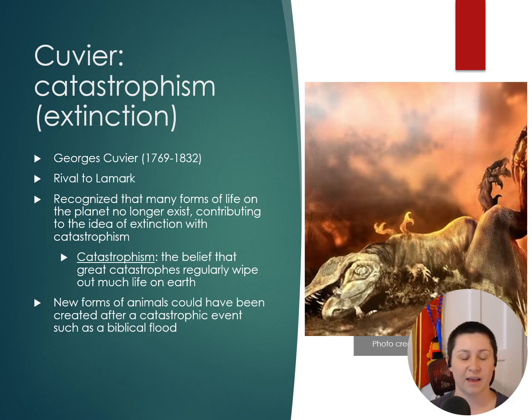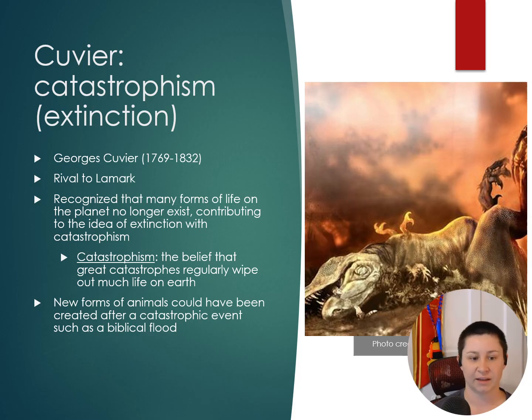Then we have Cuvier, who came up with catastrophism, which is a contributor to the concept of extinction. So he was a rival to Lamarck. He recognized that many forms of life on the planet no longer exist, and that's what he was really interested in studying. And it contributed to the idea of extinction with catastrophism.